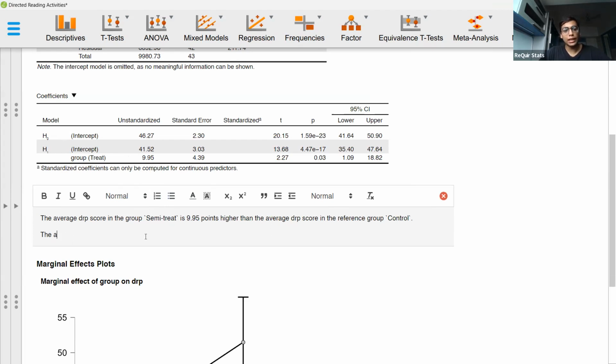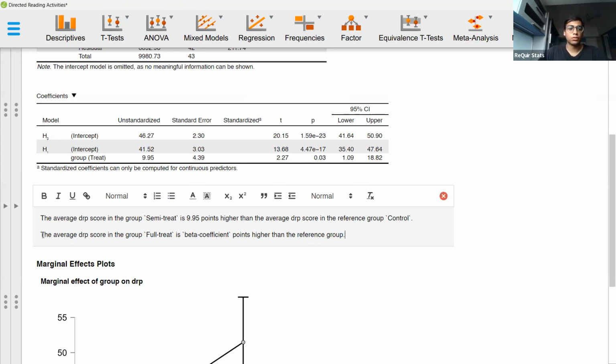Again, that is the mean difference with the control group. So the same statement: the average DRP score in the full treat group, that is 6 months, is 19 points higher than the reference group.